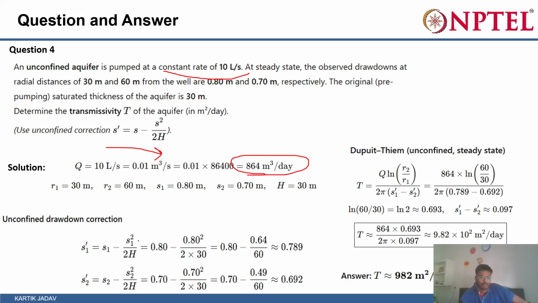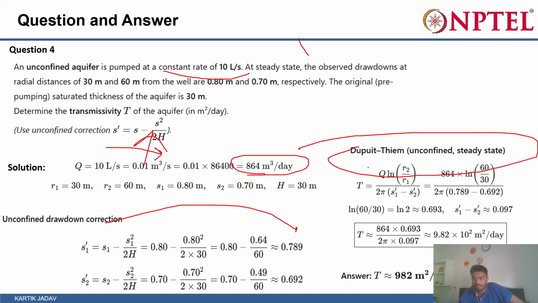Now let's identify S1 dash and S2 dash by the provided equation. S1 dash and S2 dash are given by this. And now we know that the Dupuit Thiem equation for a confined aquifer has this relation. By making T the unknown quantity, we can write the formula as given here.